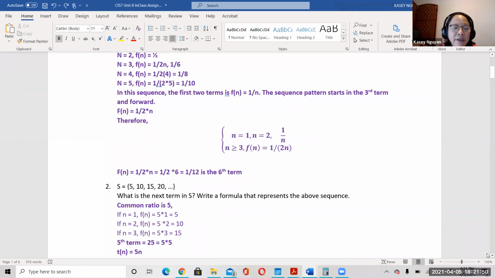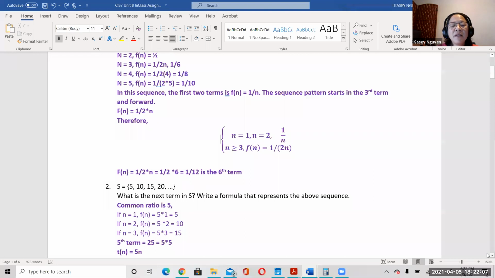So we're given a sequence S and it has the values 5, 10, 15, and 20. Right off the bat, we know that it's multiples of 5, looking at the values that are given to us.